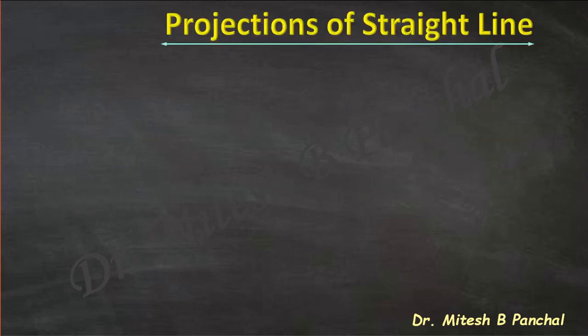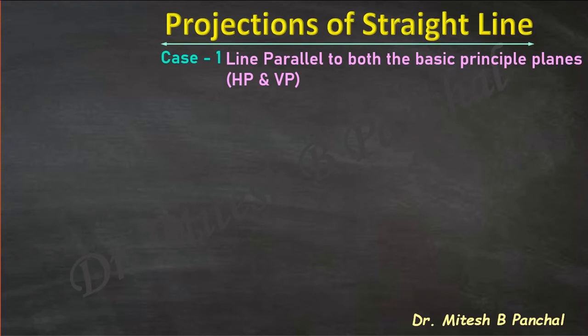So starting with the session, the topic here is the case 1, that is line parallel to both the basic principal planes, means line is parallel to HP and VP. So consider line AB is parallel to HP and parallel to VP.